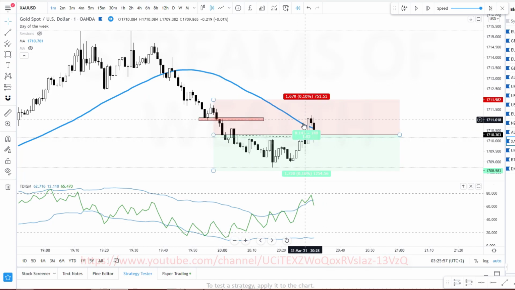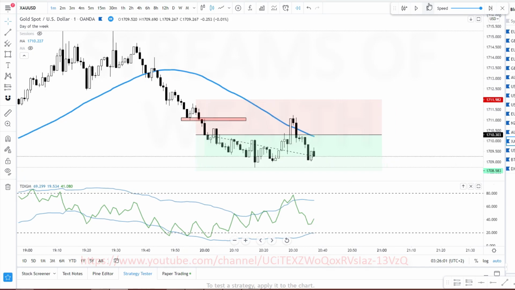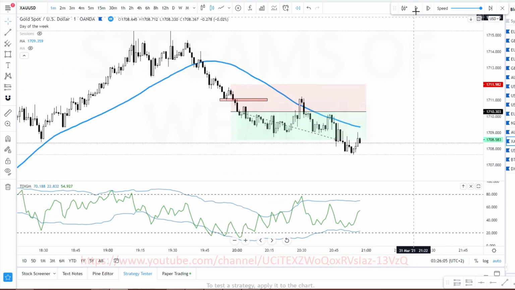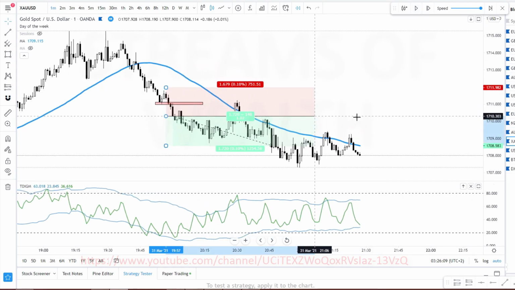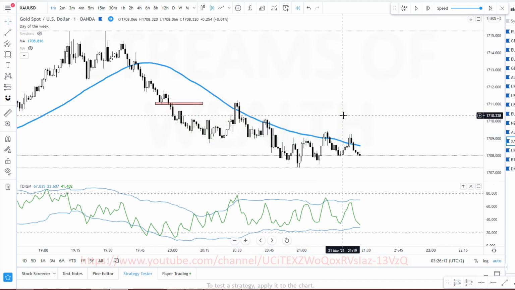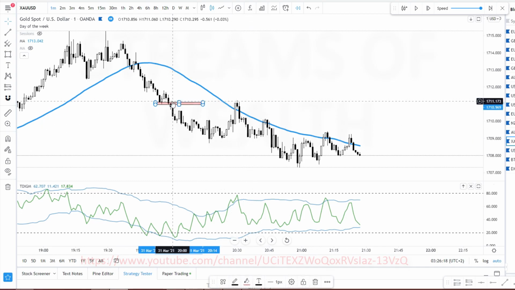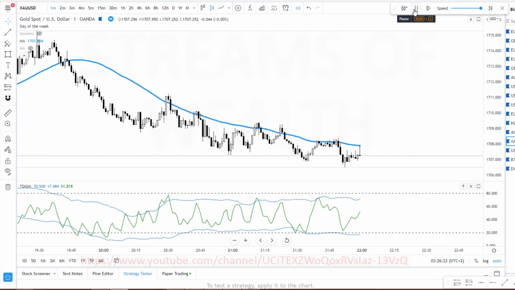We also break this 50 moving average. So if I see this, I'm closing it. Even though, as you can see, it went down, I close it. So this is just a really small profit. But as you can see, it worked again, at least 1 to 1. And it is still moving down.